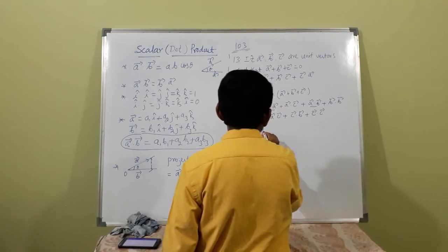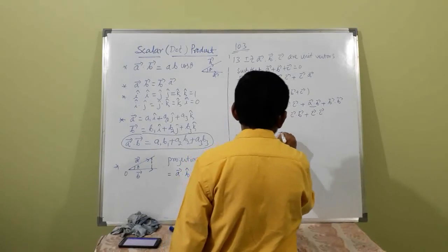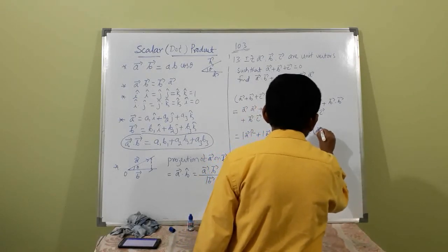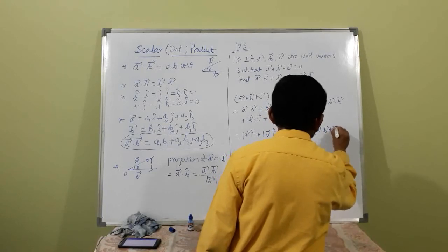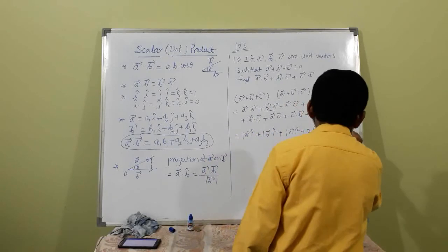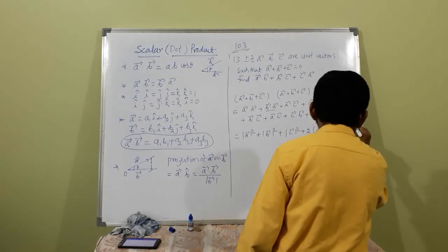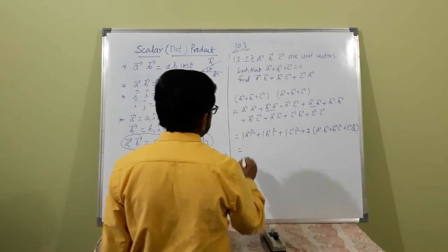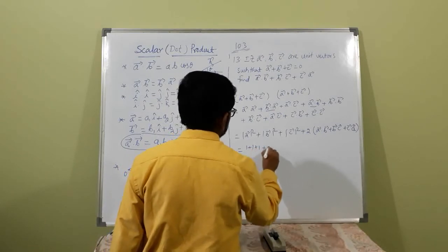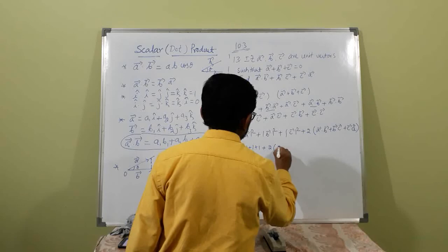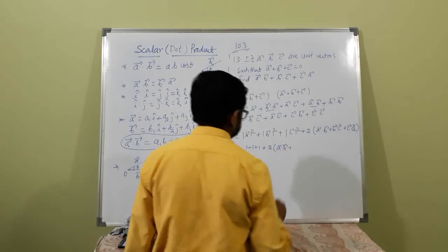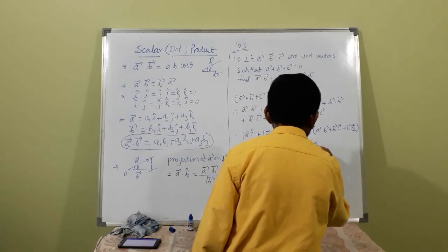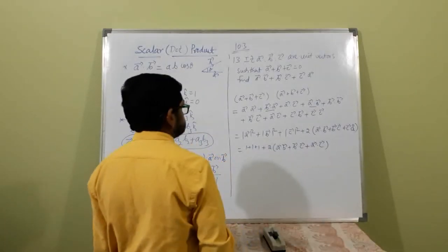So, plus 2 times A dot B plus B dot C plus A dot C or C dot A. See, these are all unit vectors, so 1 plus 1 plus 1 plus 2 times A dot B plus B dot C plus A dot C or C dot A, isn't it?